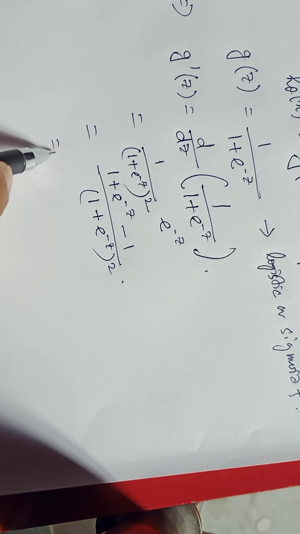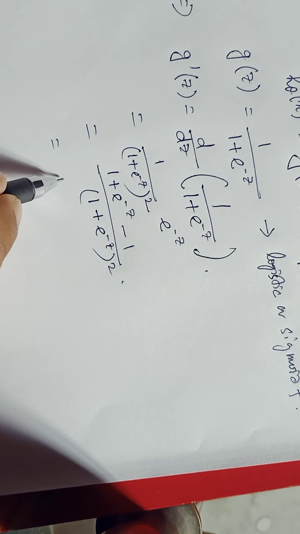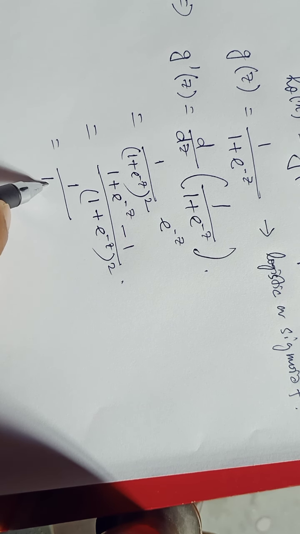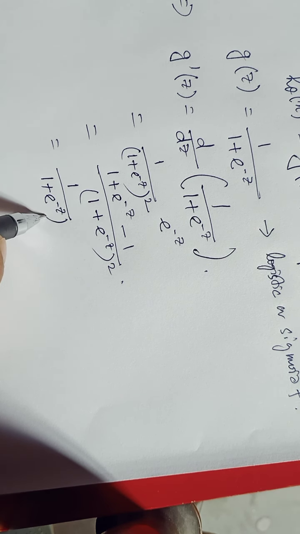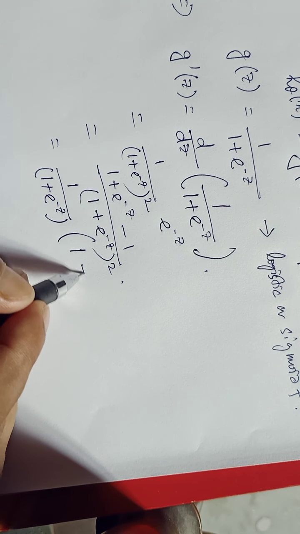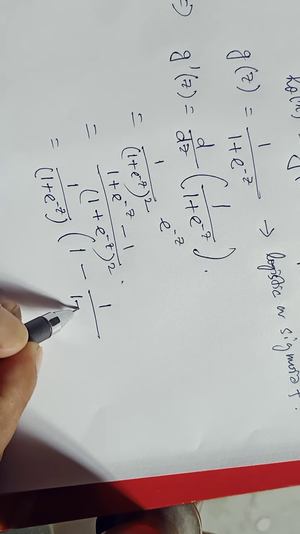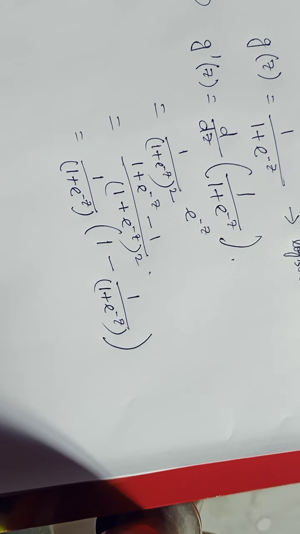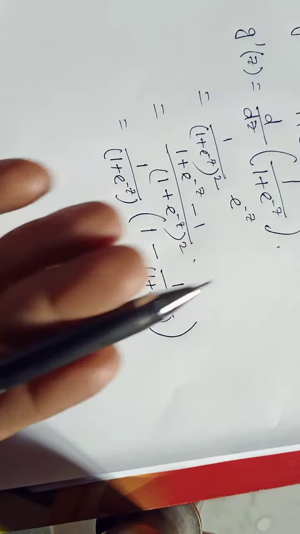So here we can write this as 1 by 1 plus e to the power minus z, times 1 minus 1 by 1 plus e to the power minus z. This is very simple algebra, you can do it by yourself or check it.